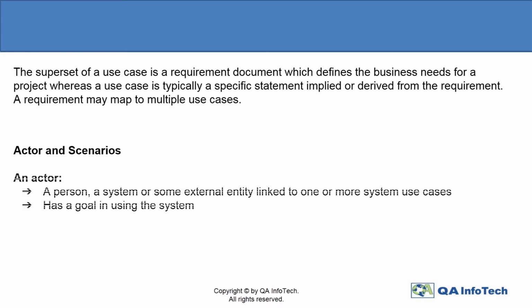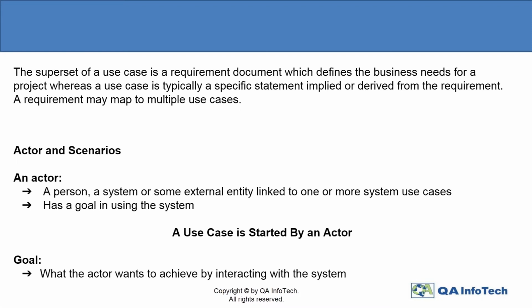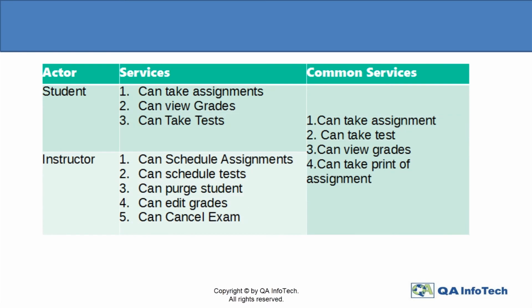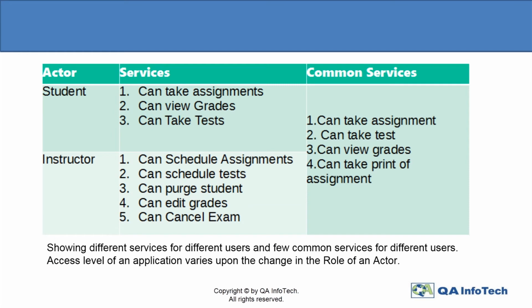In a use case, then, an interaction between an actor, which can be a person, system, or some external entity, with the system is achieved, in which the actor has a motive to use the system and attain the end goal. Herein, according to the various roles of an actor, the services consumed from an application differ and are common too for some.